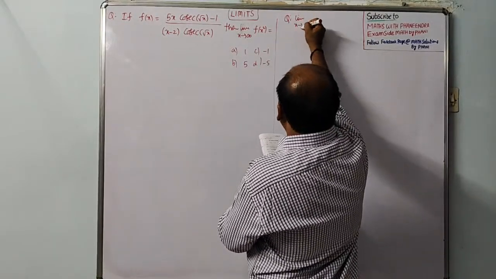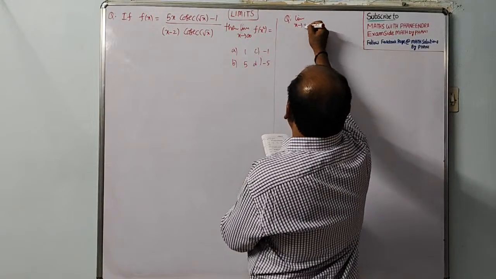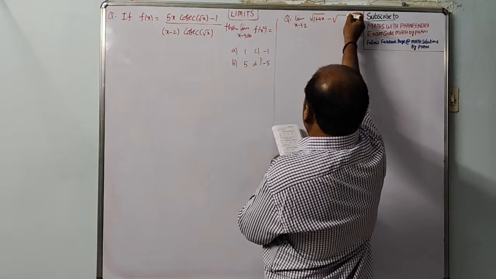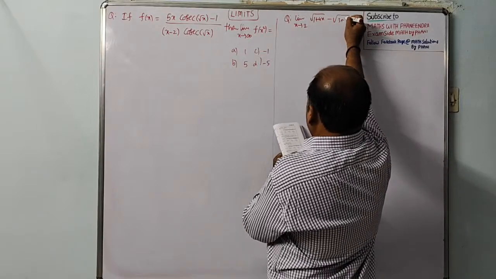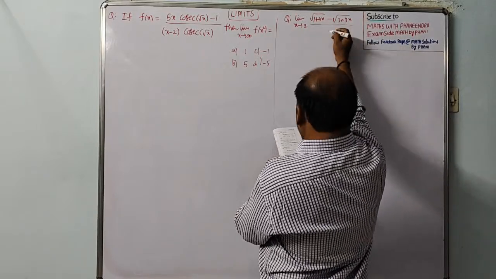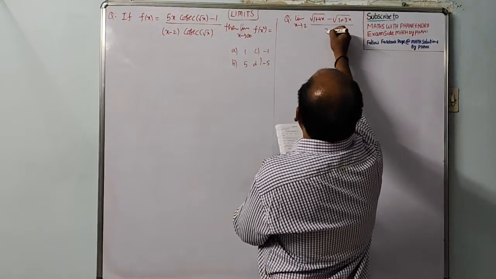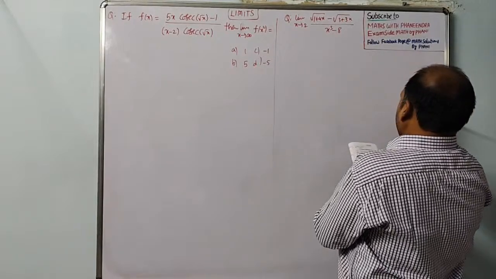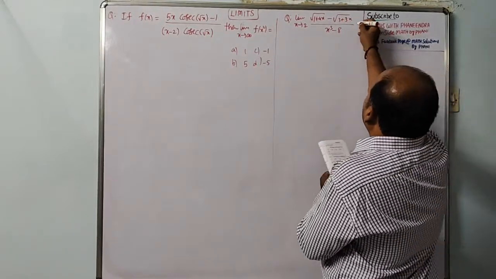Limit x tends to 1, (root of 1 plus 4x minus root of 3 plus 3x) divided by (x cube minus 8), which is equal to.